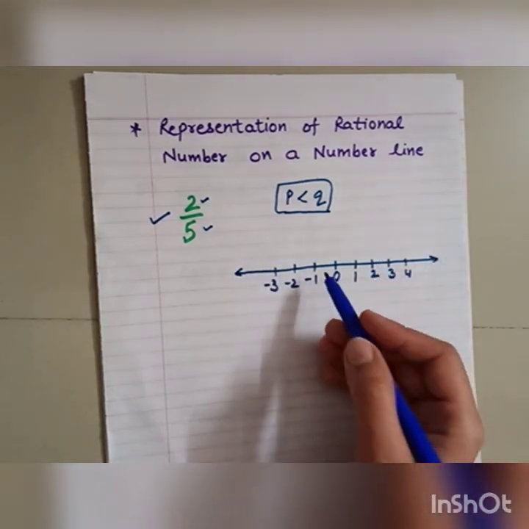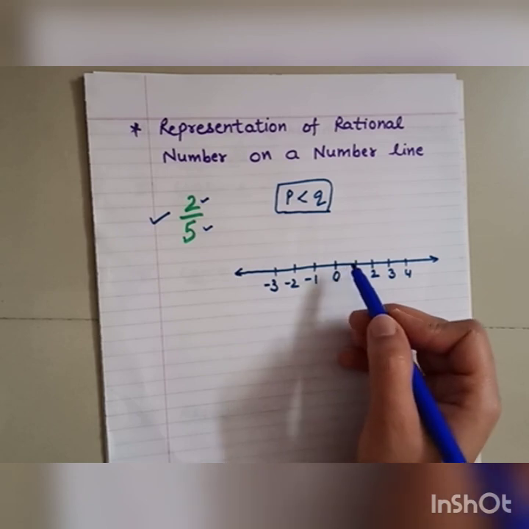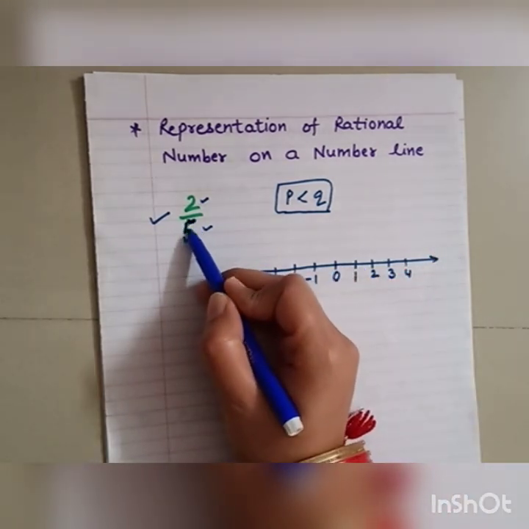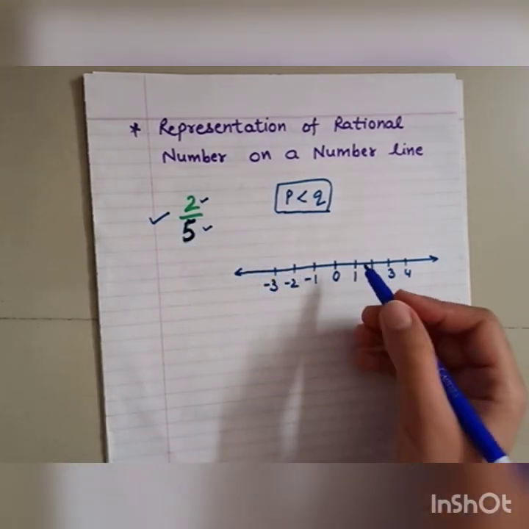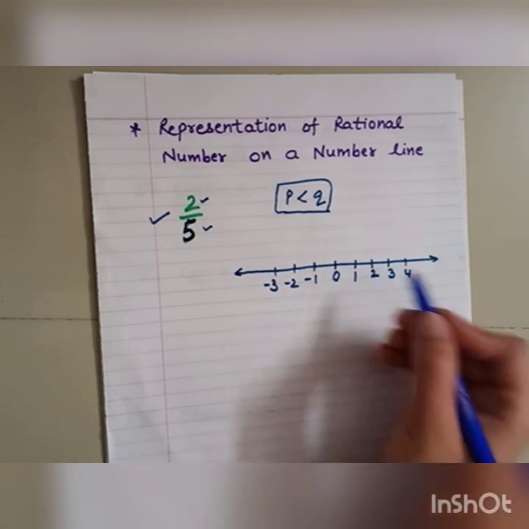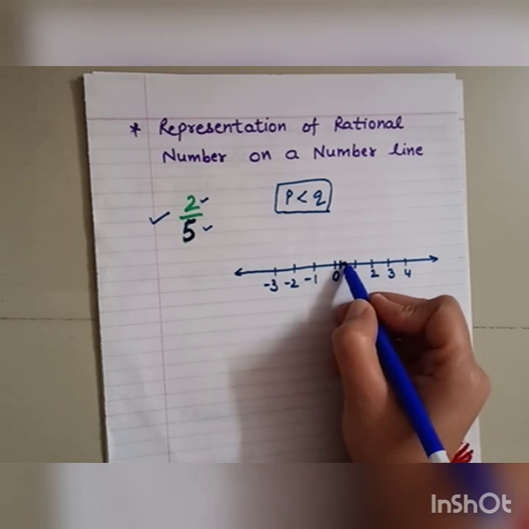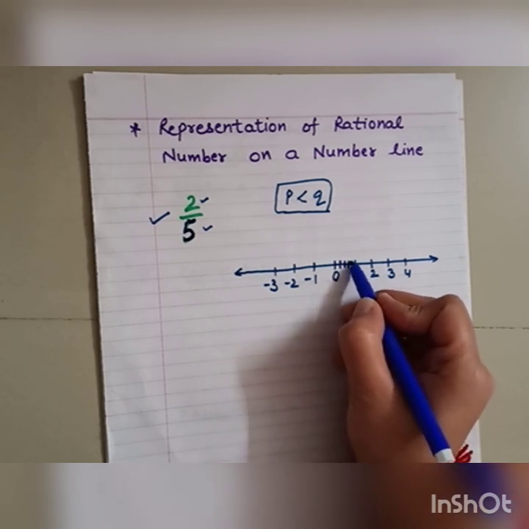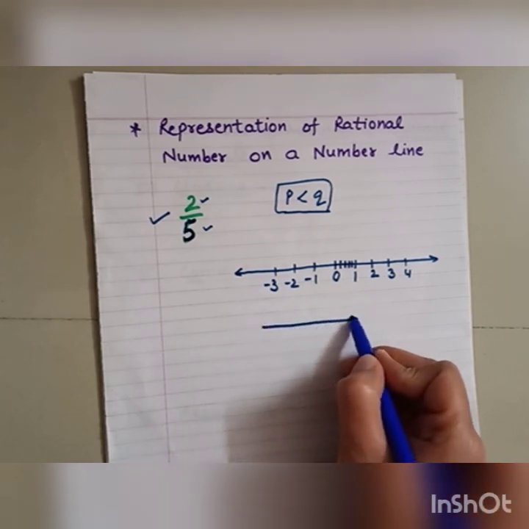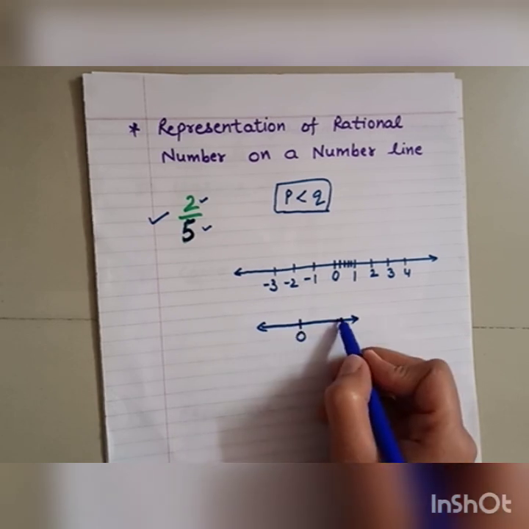So you have to divide the unit length between 0 and 1 into 5 equal parts, because in the denominator we have the value 5. See, first part, second part, third part, fourth part and fifth part. Like this, we increase this length, 0 and 1.